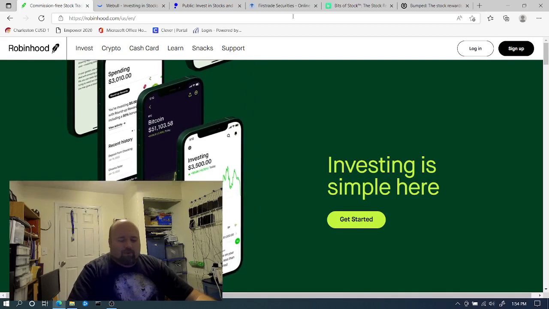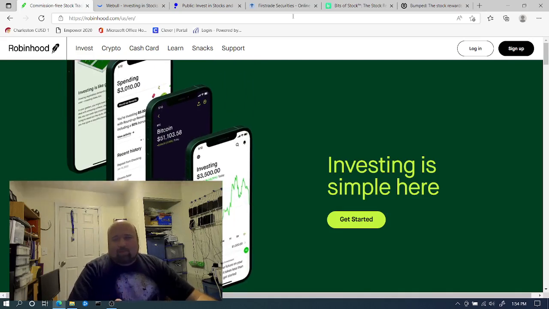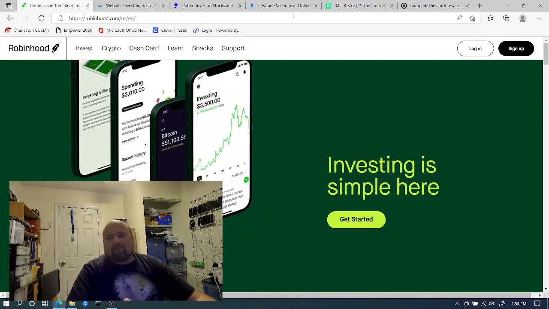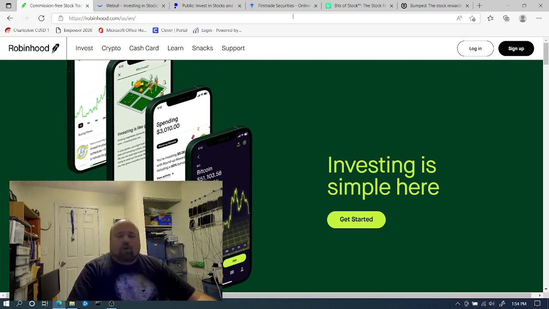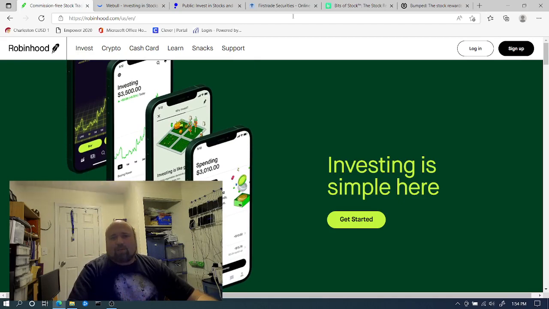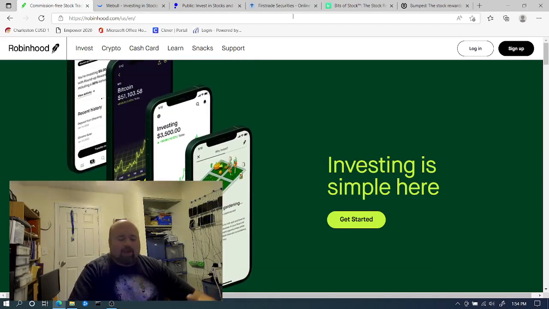You can basically choose, say, my first account, I want all my dividend stocks in. My second account are the stocks I use for day trading. My third account may just be reverse splits or whatever you're trying to do with your accounts. And so it makes it really easy to separate.